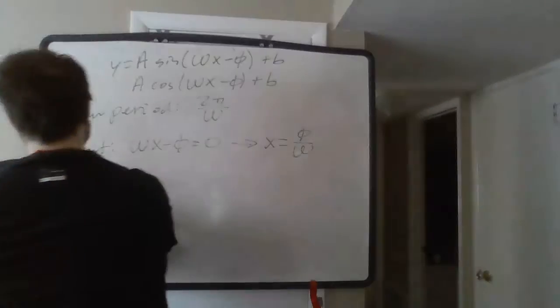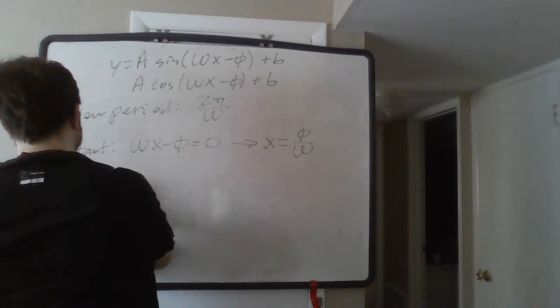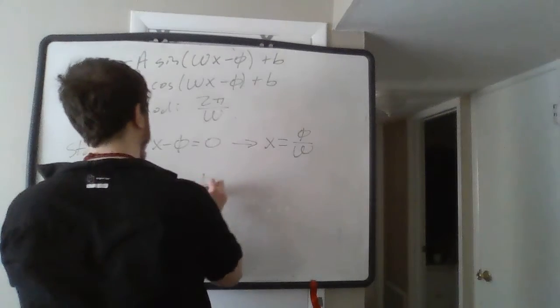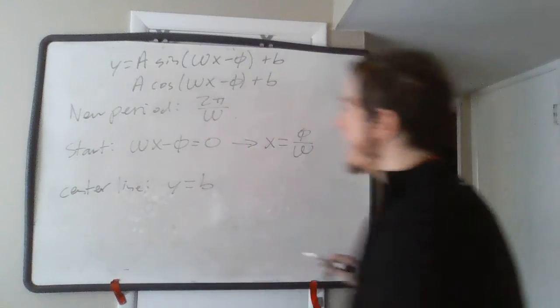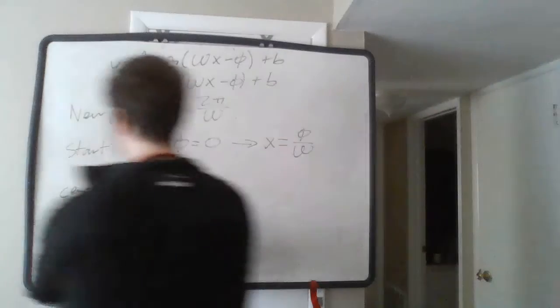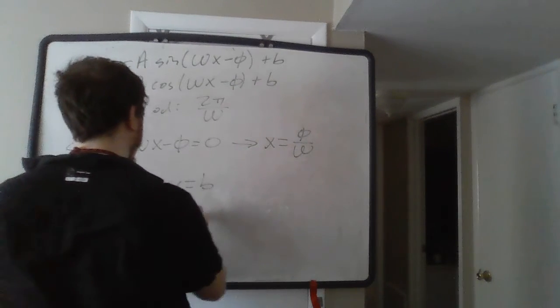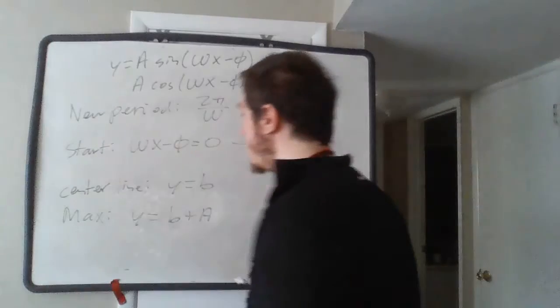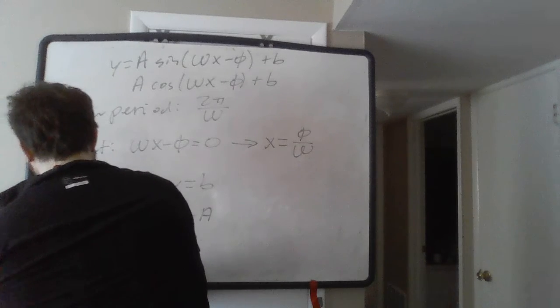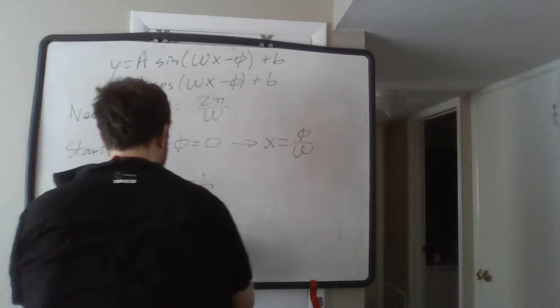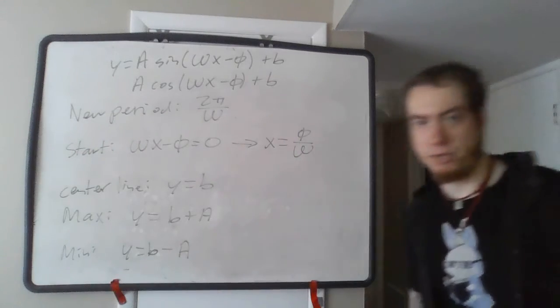The new center line is going to be at y equals b. The new maximum is going to be at y equals b plus the amplitude, and the new minimum is going to be at y equals b minus the amplitude.